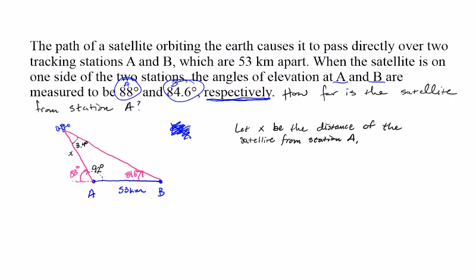So our equation is going to be x over sine of 84.6 equals 53 over sine of 3.4. I'm going to multiply by the sine of 84.6 on both sides.